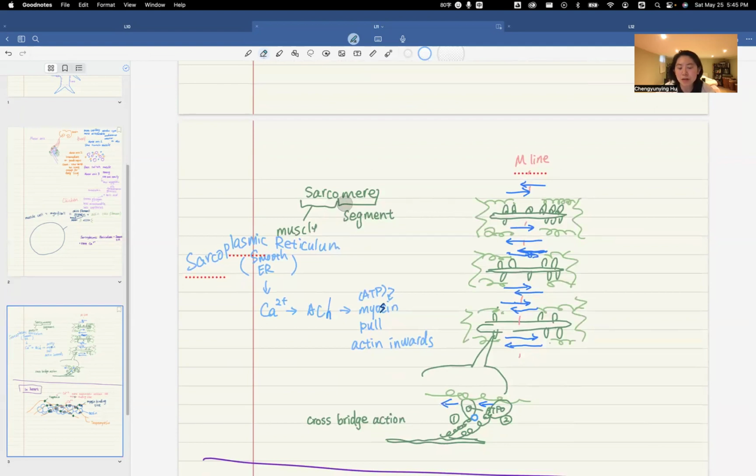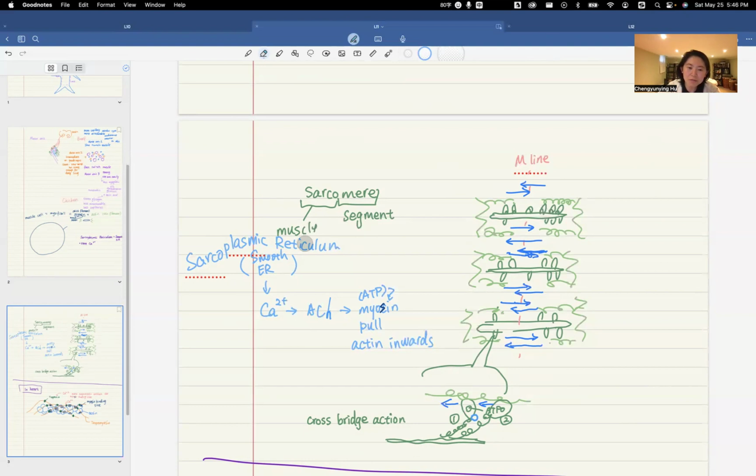Sarcomere means muscle segment. This one is one segment, and we have the myosin and the actin. Myosin will swipe the actin, and the closer they swipe together, the more the muscle contracts.